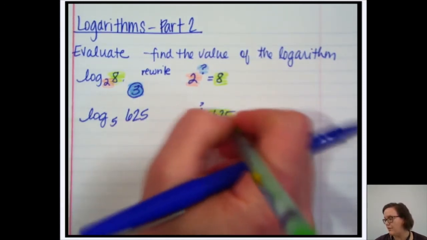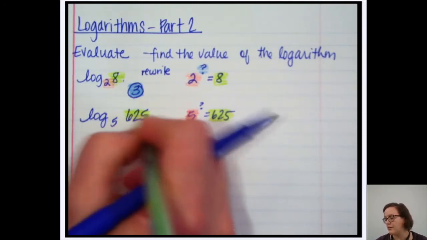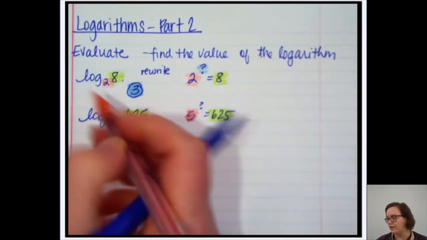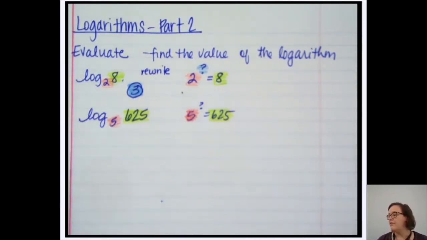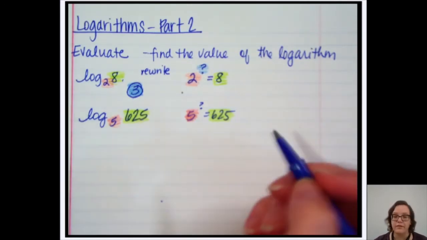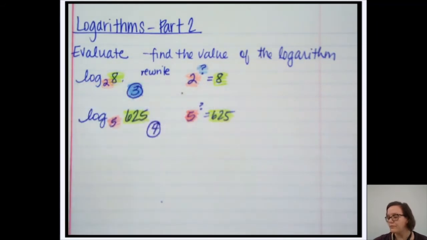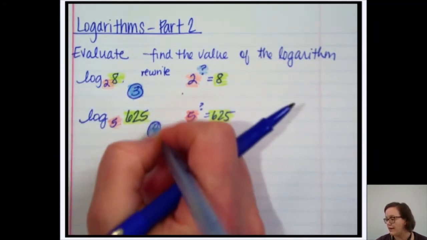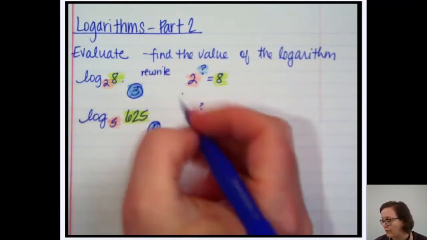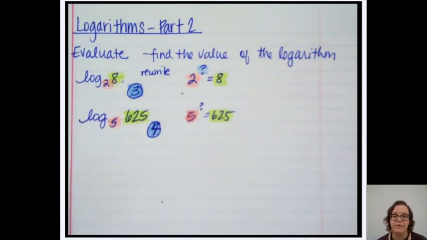We have to go through a different process in a little bit that we have to have a calculator for. So 5 to the what power is 625, and hopefully either on your chart or by working it out, you find that the answer is 4, because 5 times 5 is 25, times 5 is 125, times 5 is 625.